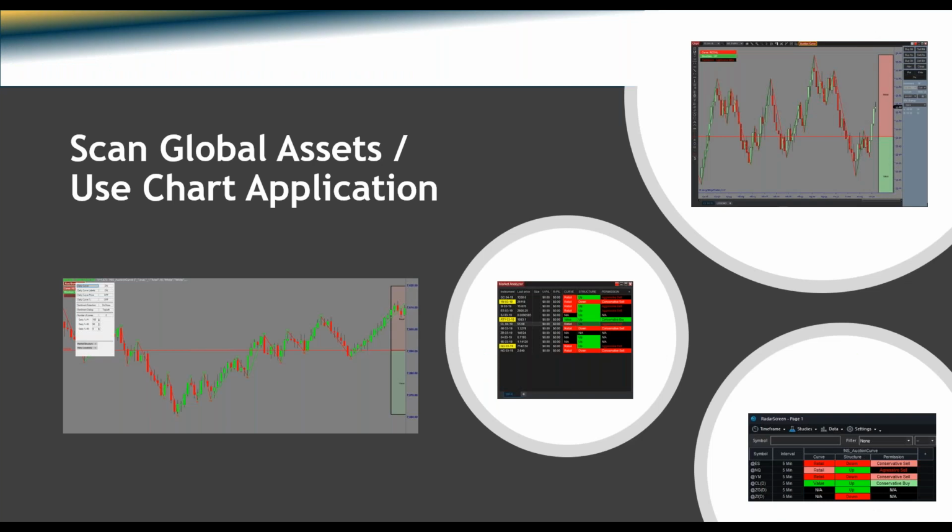So one of the things we do is we have scanners. Now, you can also use the chart. The scanners make it really flexible to scan a basket of instruments. So if you're somebody that likes to look at all the Forex pairs, perfect. If you want to look at all the global futures markets, perfect. If you want to scan the S&P 500, you can do that if you choose to, right?